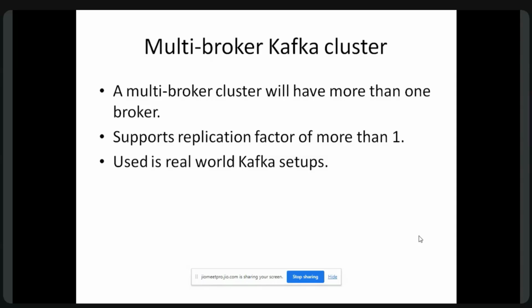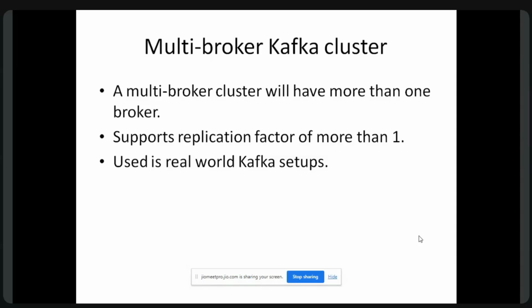So to have a replication factor of more than 1, you should have more than one broker. Simple. If you want a replication factor of 3, you should have 3 brokers. Similarly, if you want a replication factor of 4, you should have 4 brokers. So the replication factor will be equal to the number of brokers.